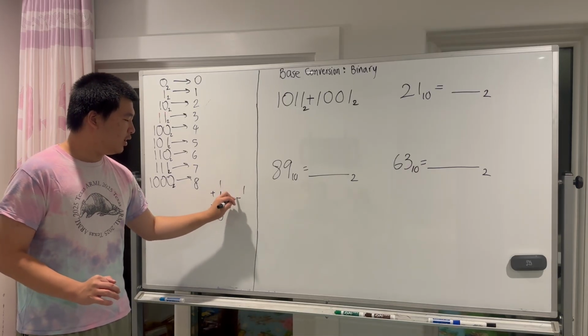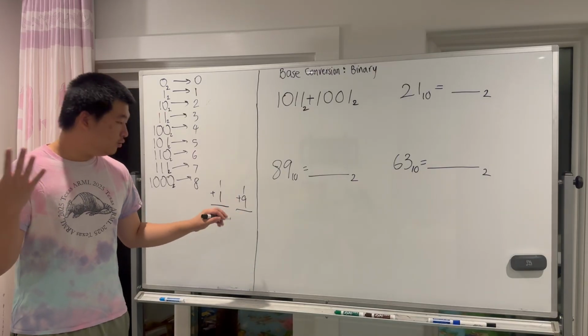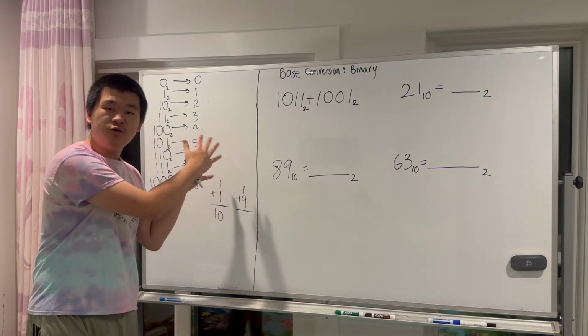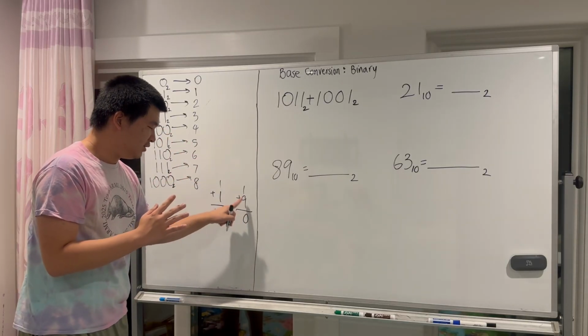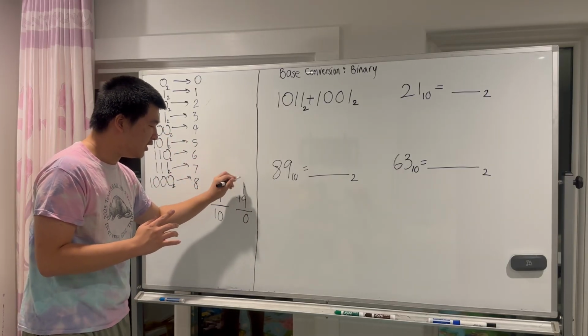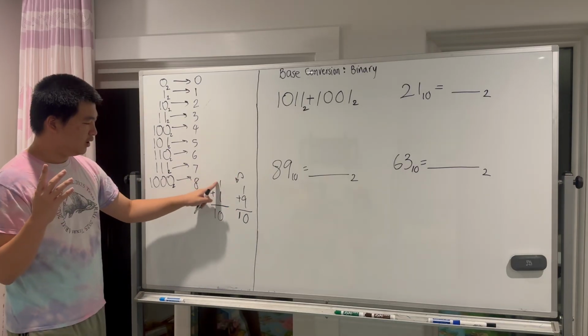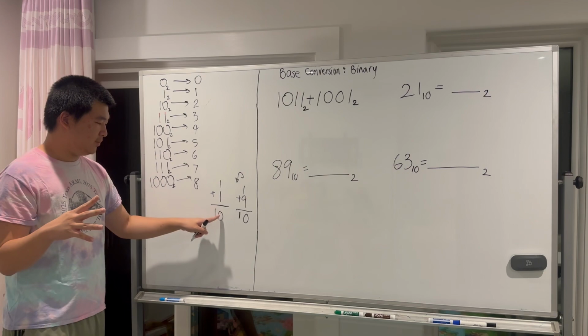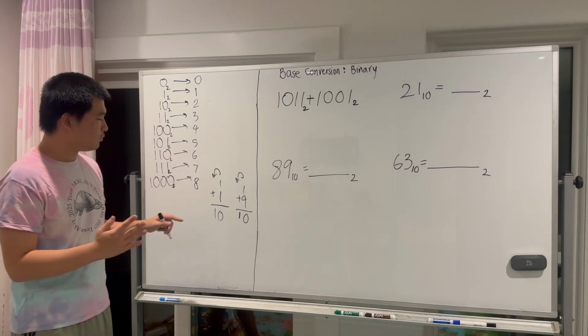Just like how if we were doing 1 plus 9 in base 10, this also has to be a 2-digit number because 10 is too big of a number to contain in one digit, right? So it has to be 0 here and then it overflows into the next digit. You carry here. 1 plus 1, 2 is too big, so this becomes a 0 and this also carries into the next digit as a 1.